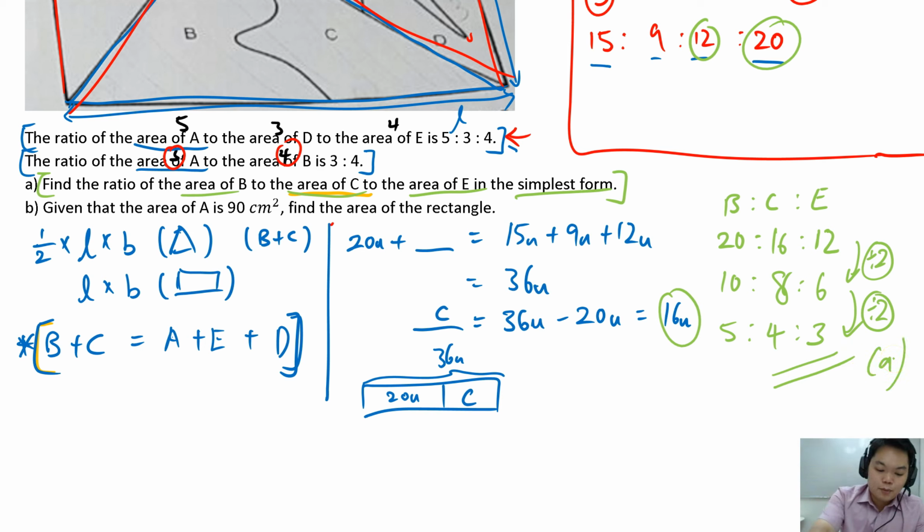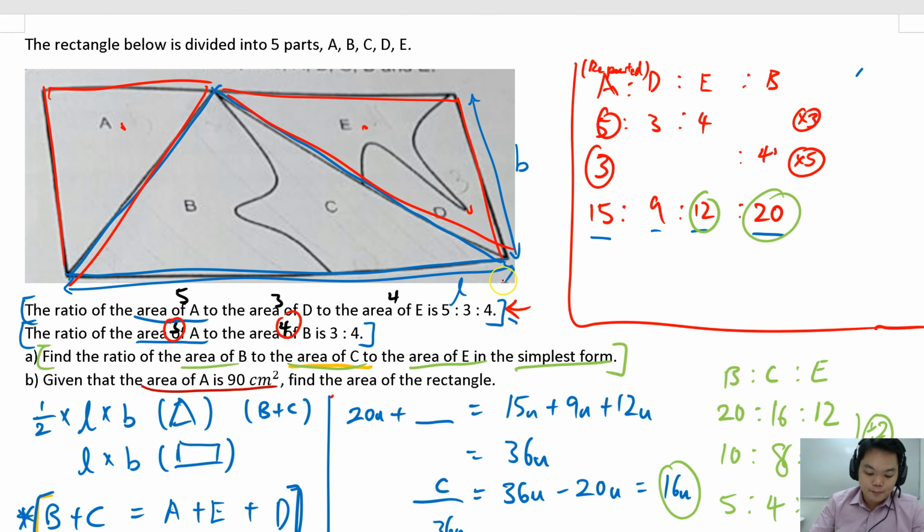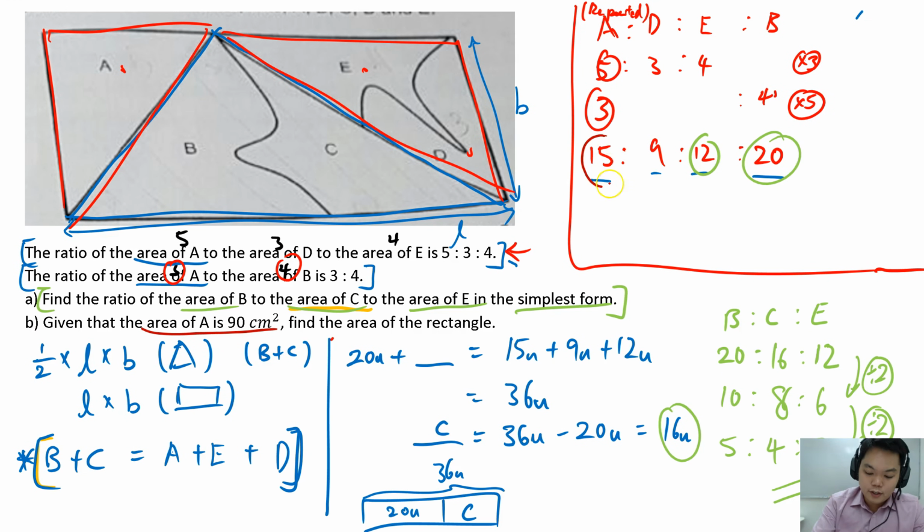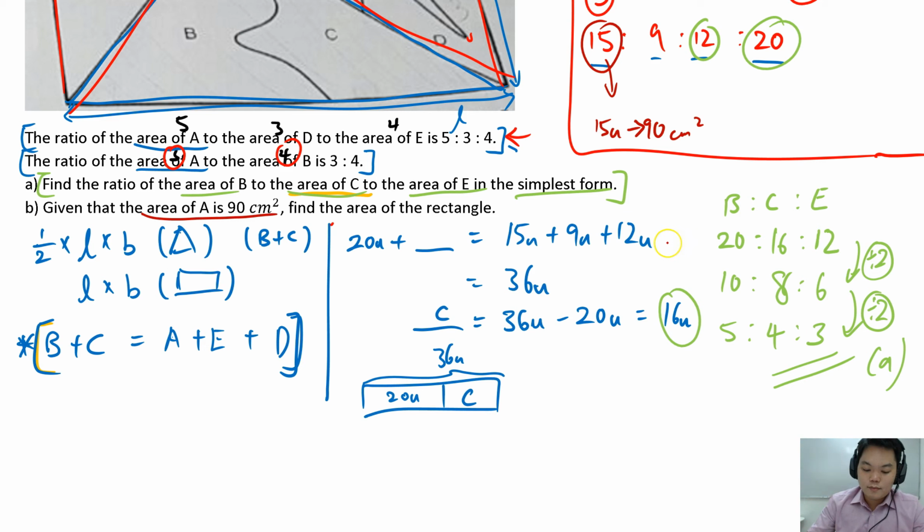Now what about part B? We know that the area of A is 90 cm squared. Let's move back up. So we see that this 15 units is 90 cm squared. We need to find the area of the rectangle.